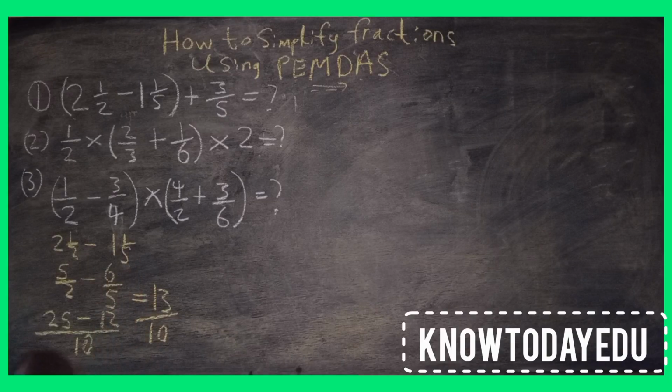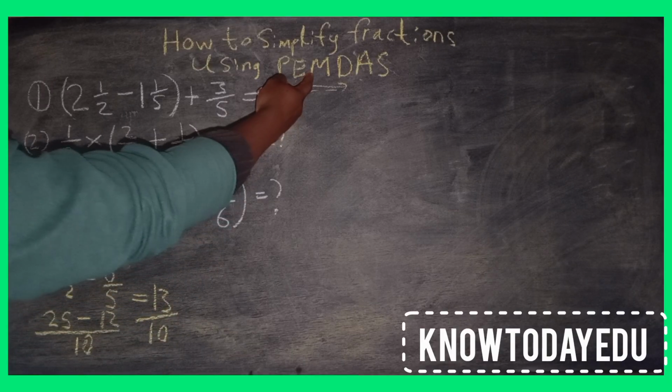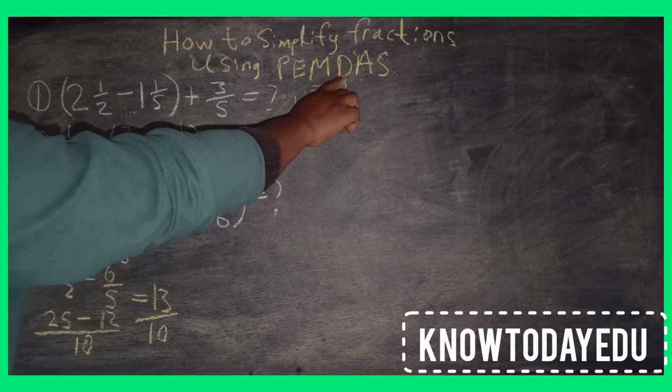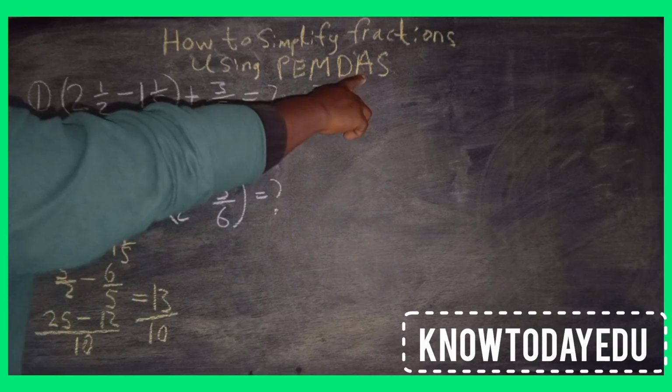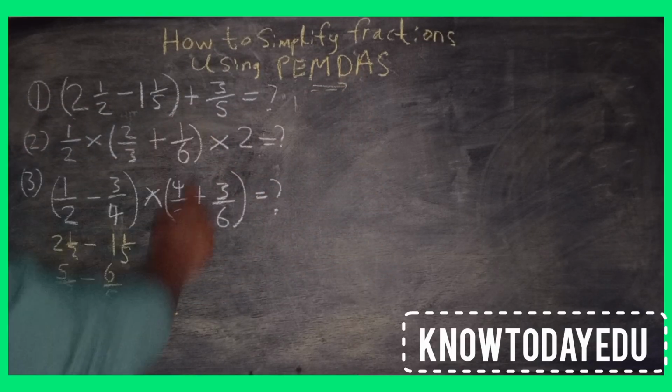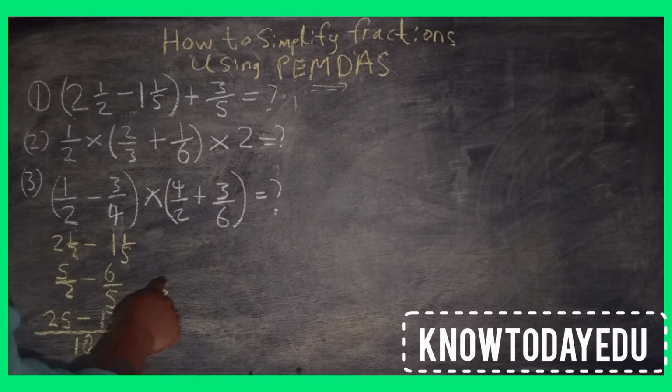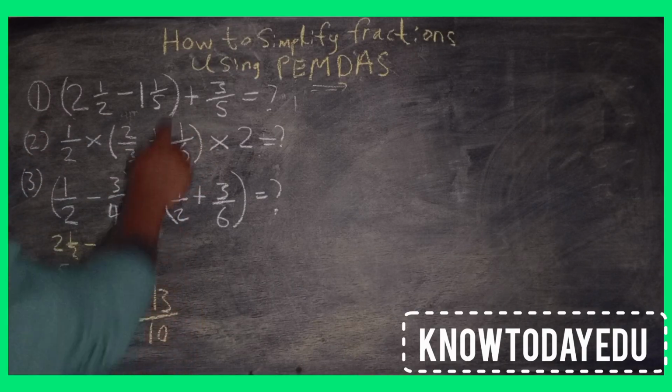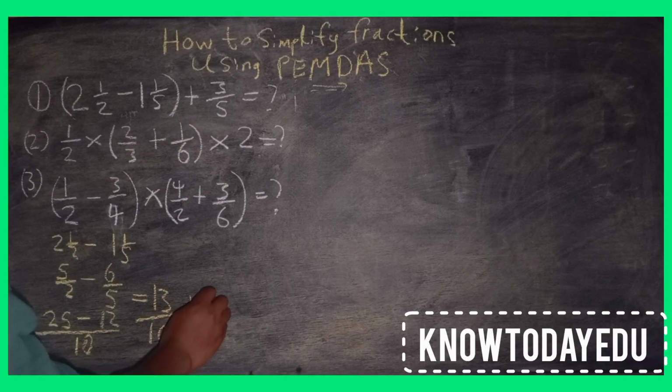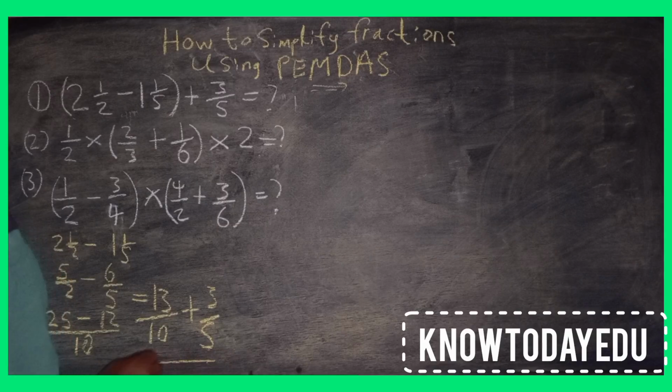The next thing we are going to do is to check if there's multiplication. There is no multiplication. Division, there's no division. Addition, there is addition. So since we have simplified what is in this bracket, we now add this plus 3 on 5. Okay, now we look for LCM again.